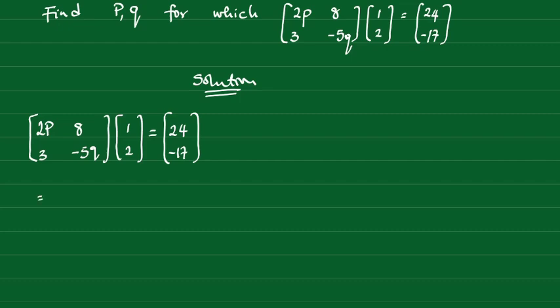So this will become equal to (2p times 1 plus 8 times 2.